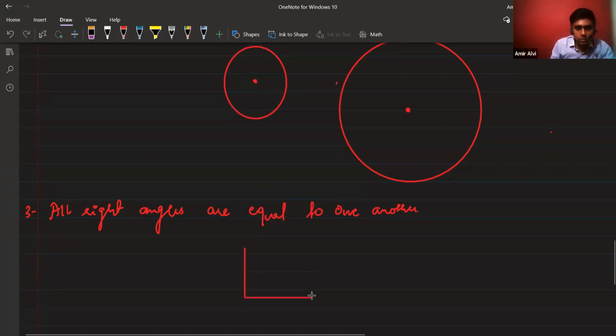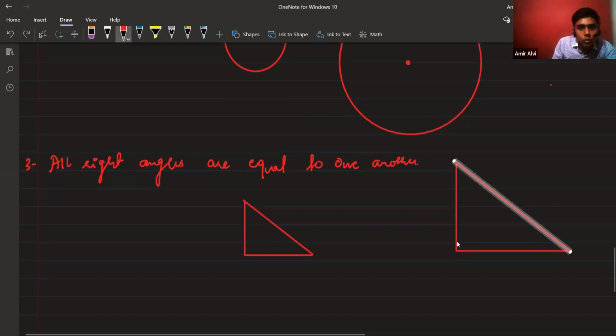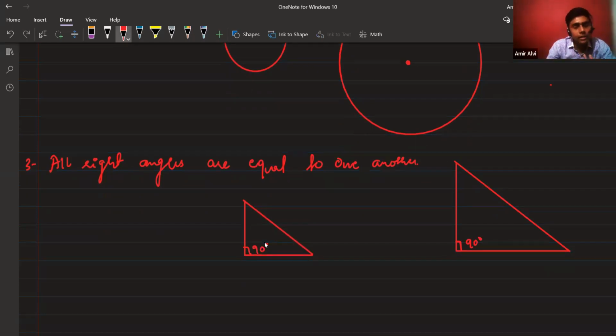Suppose this is one example, just a second, let me join them. And I'm taking one bigger right angle triangle than this. Now tell me, Sim, did the 90 degree change or is the 90 degree the same? Same. The 90 degree is the same, only the dimensions have changed, right? It will still be called a right angle triangle, but the dimensions will be different. This is 90 degrees, this is also 90 degrees. It doesn't matter how big the right angle triangle is, 90 degrees will be the same.